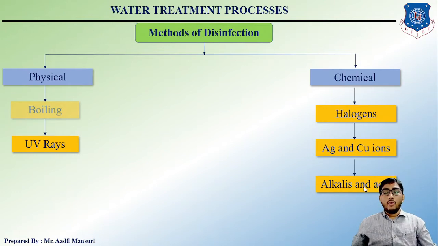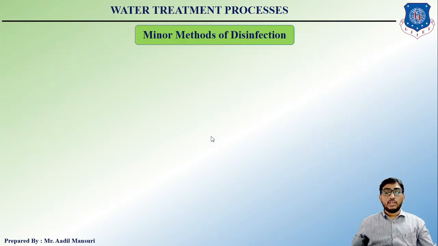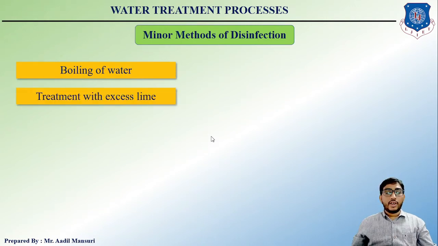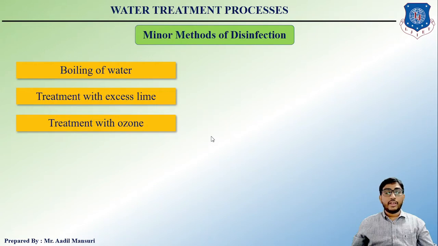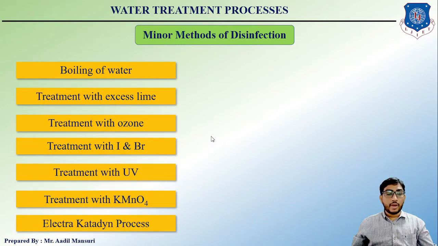Out of the various methods mentioned above for disinfection, chlorination is the most commonly adopted. So other methods are considered minor methods of disinfection. Let us talk about the minor methods: boiling of water, treatment with lime, excess lime, treatment with ozone, treatment with iodine and bromine, treatment with UV, treatment with KMnO4, that is potassium permanganate, and the electrocatalytic process.